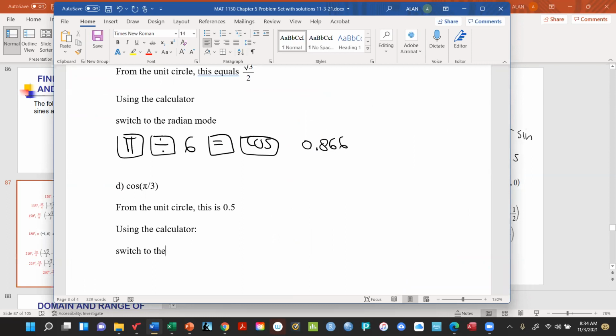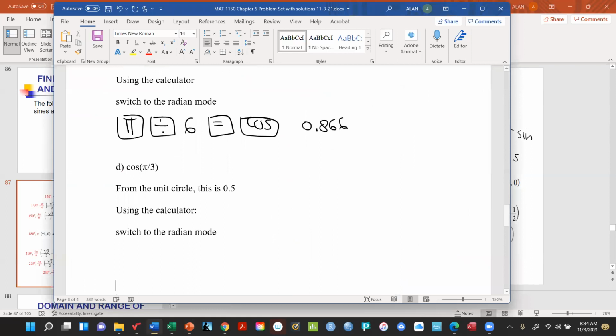Switch to the radian mode. And then you're going to have pi over 3 equals, and then take the cosine. And it should turn out to be 1/2. Okay, so let's do that.